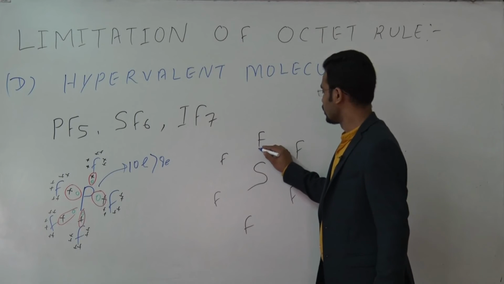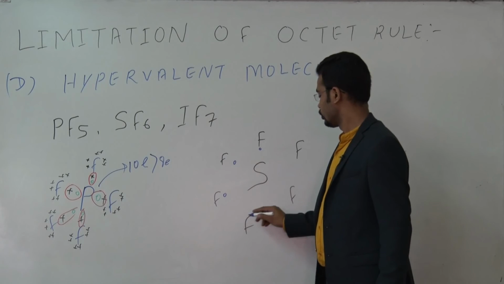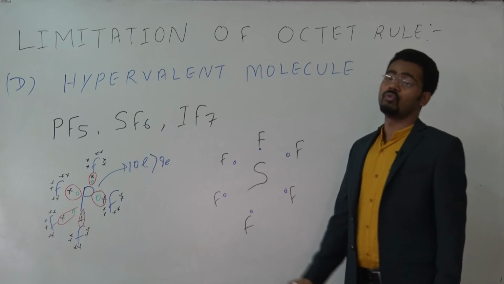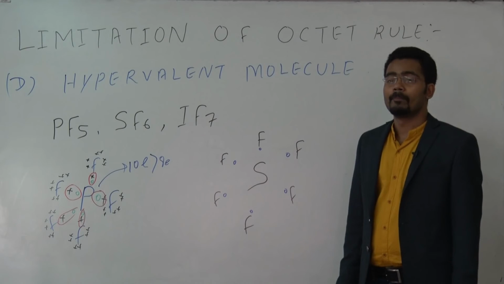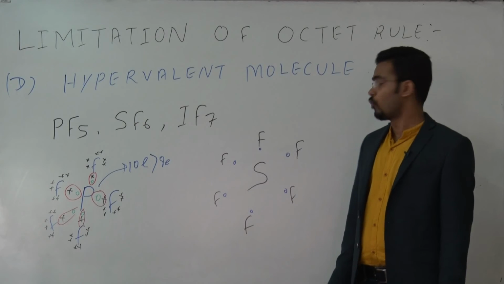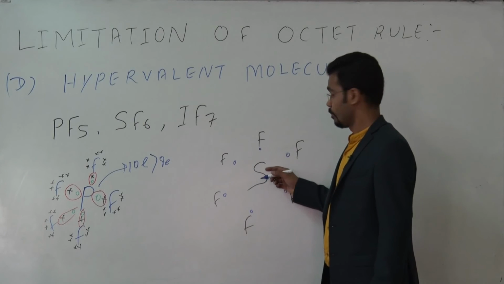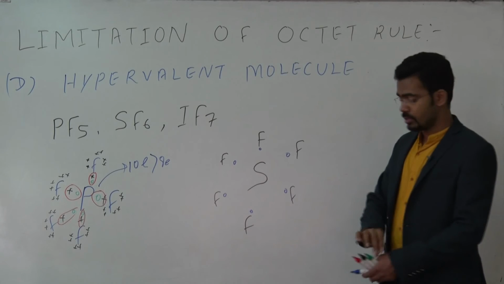So put the valence electrons. Yes or no? One will be shared with sulfur. And how many valence electrons does sulfur have? 6 valence electrons.